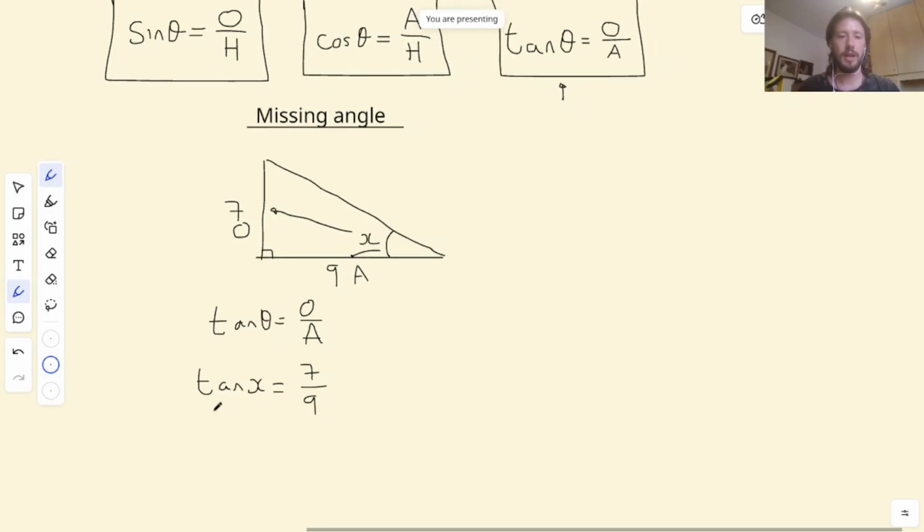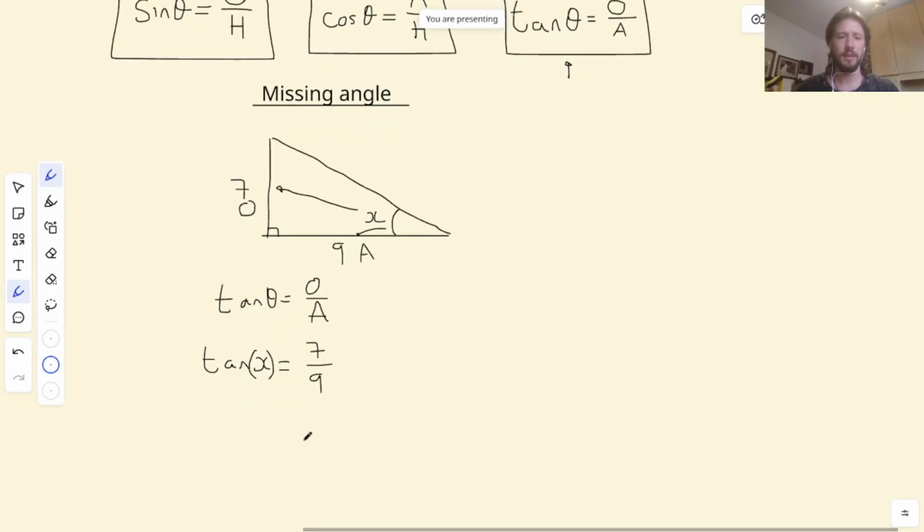Now, how do we actually find x? Because x is inside this tan function. Here is where we need to use the inverse tan. So in order to get rid of this tan that's around the x, we take the inverse. So we do tan inverse on both sides of the equation.